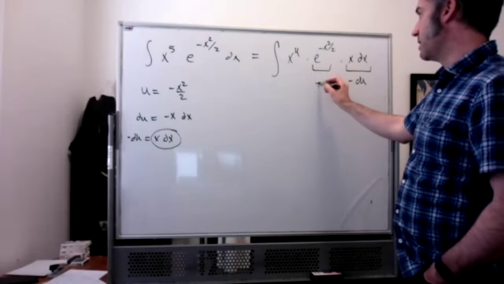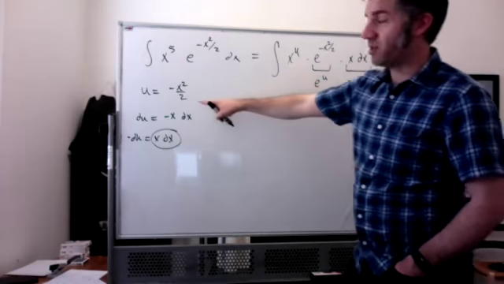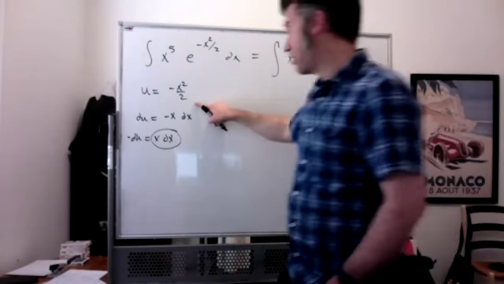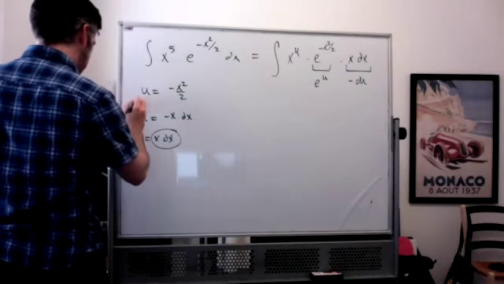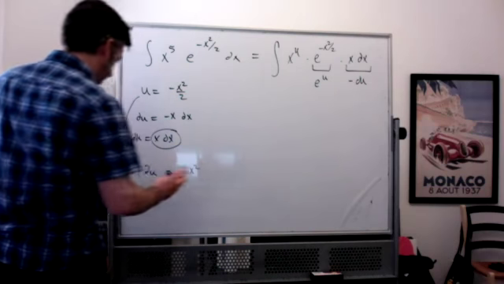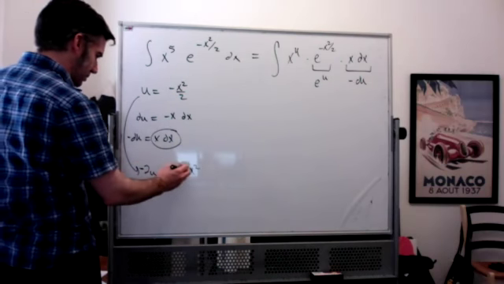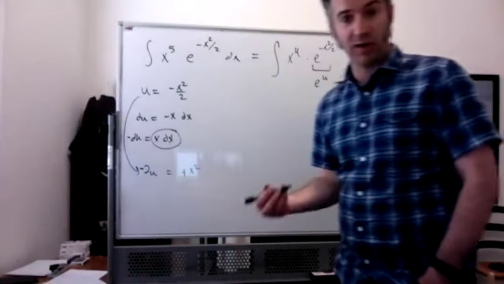This here is my e to the u. And this here, well, I can solve this for x squared. I can multiply both sides by 2. So 2u equals negative x squared, and then negative 2u equals positive x squared. So that x to the 4th is x squared squared.